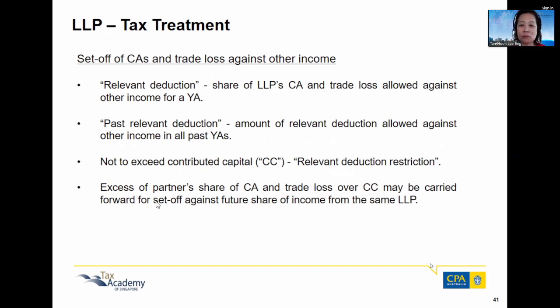Relevant deduction restriction says that whatever deduction is to be given cannot exceed the contributed capital of the partner. If there is excess of the partner's share of CA and trade loss over CC, it may be carried forward to offset against future share of income from the same LLP.